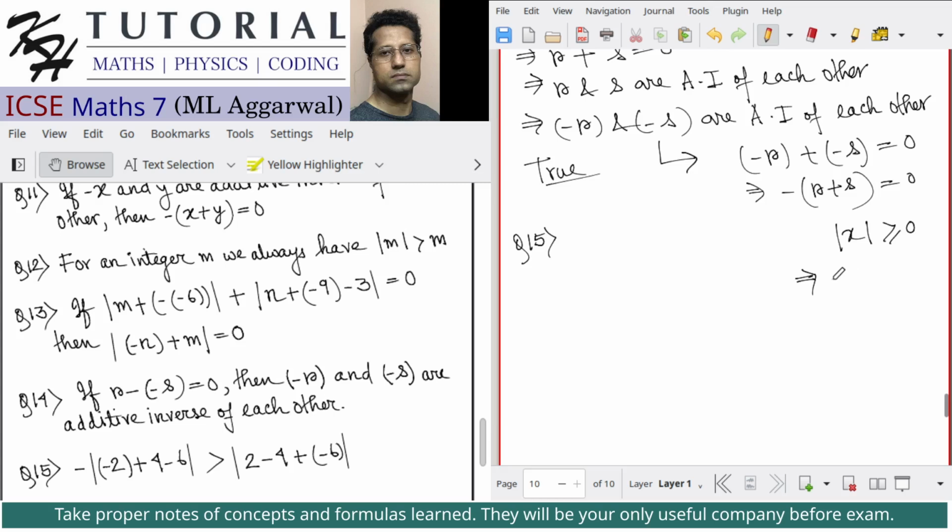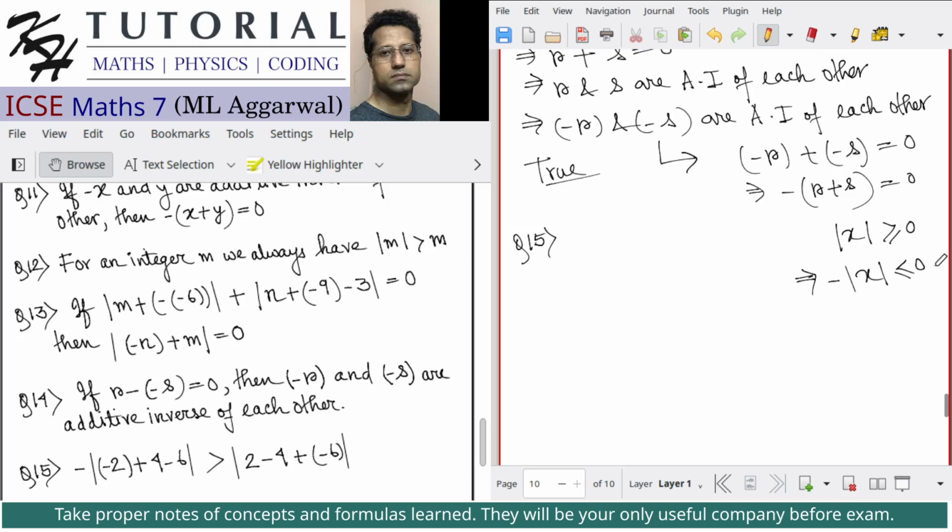Now if I put a negative sign in front of the absolute value of x, this will always be less than or equal to 0, which means that negative of absolute value of x will be a non-positive integer. What is a non-positive integer? A non-positive integer is an integer which is not positive.